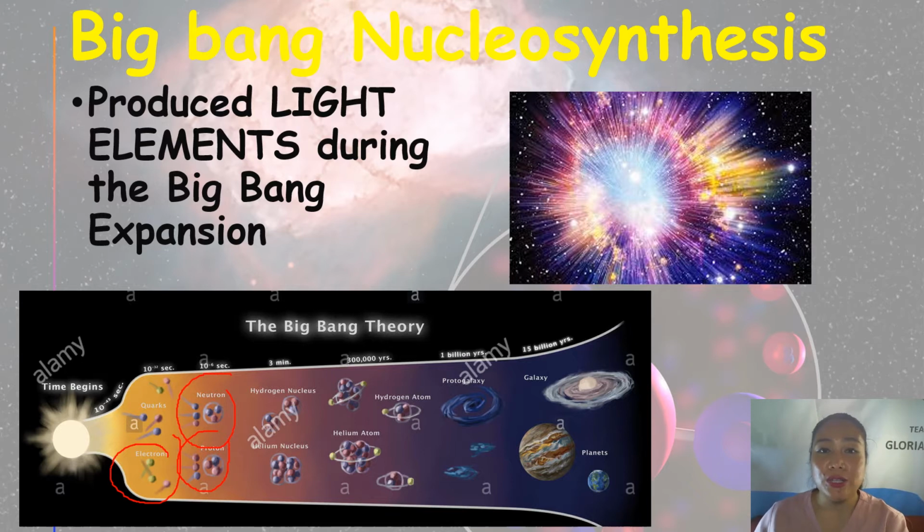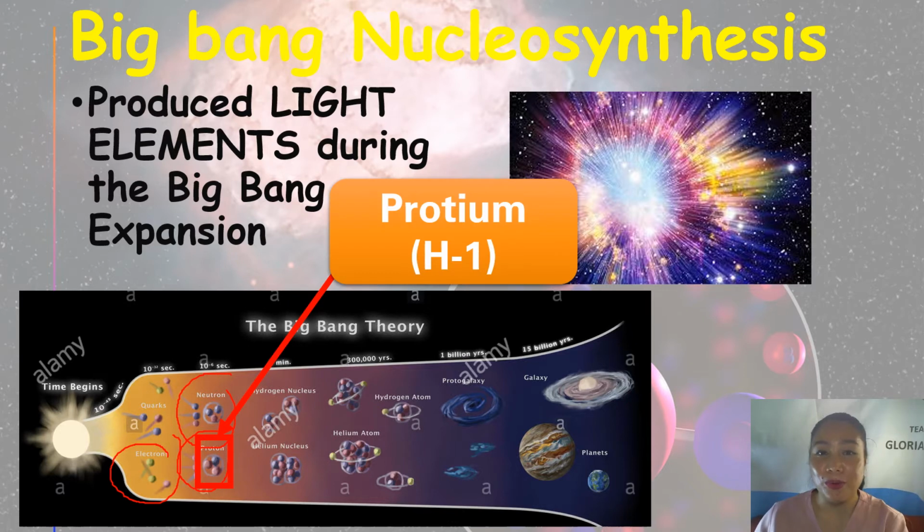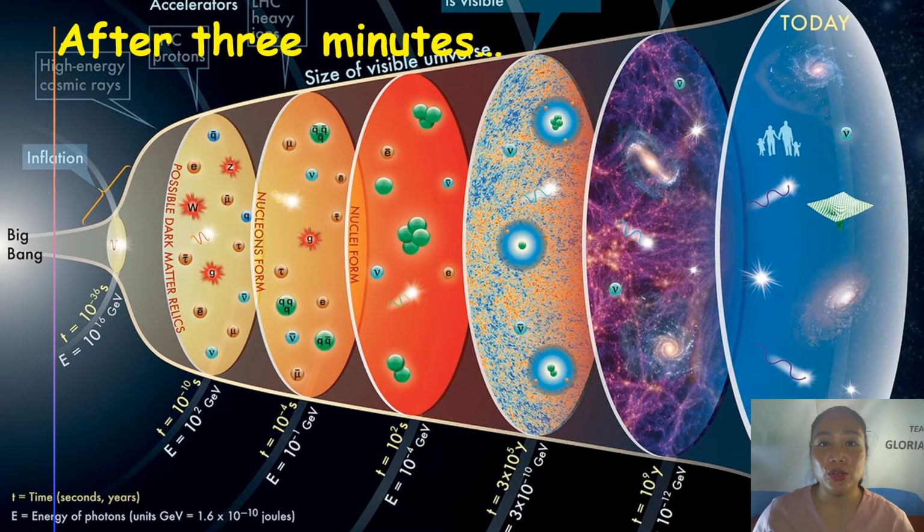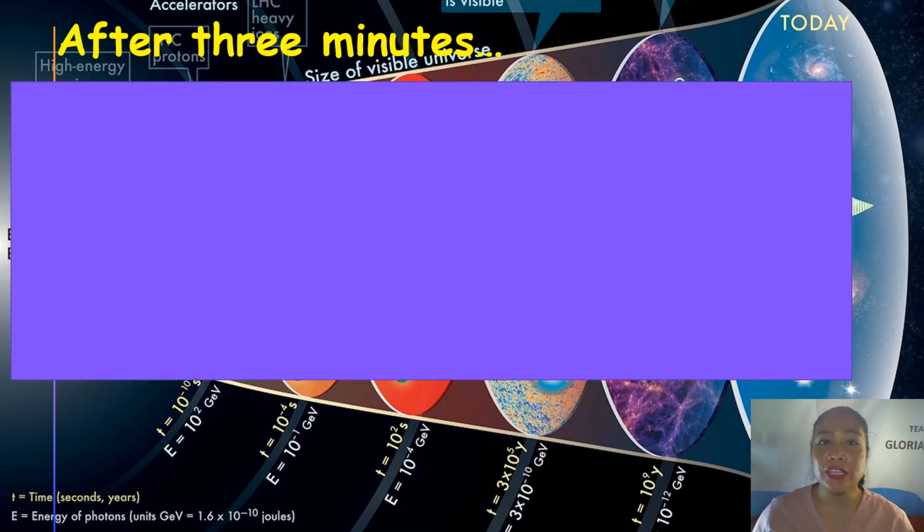Protons are also known as protium or hydrogen-1, the first element that was formed during the Big Bang nucleosynthesis. After the first 3 minutes, the universe cooled down to a point where atomic nuclei can form.